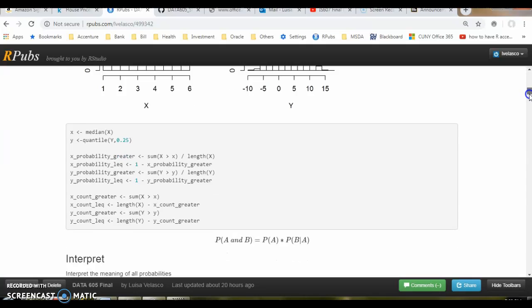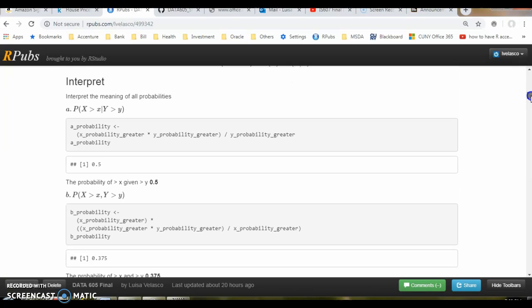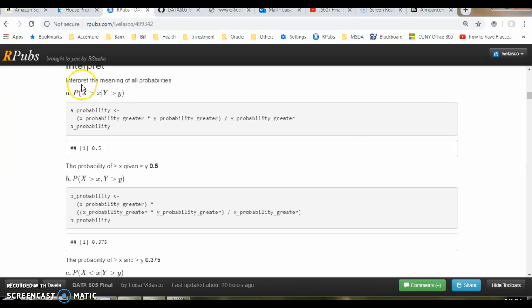probability. We use the conditional probability of A and B equals the probability of A multiplied by the probability of B given A. So for the three probabilities below, we have first the probability of x greater than small x given that y is greater than the first quantile.